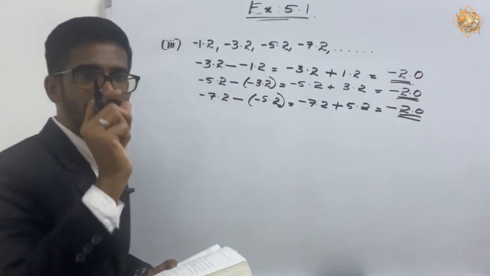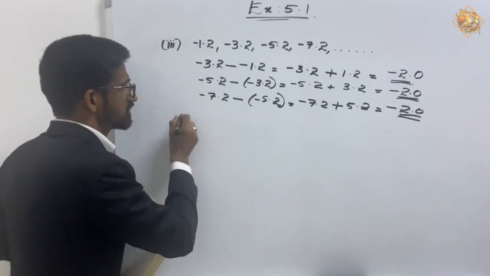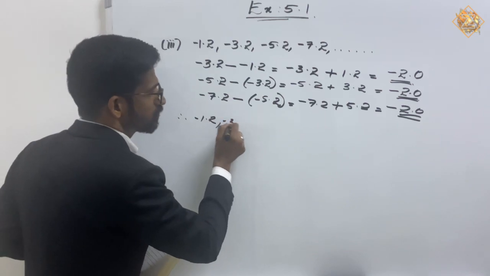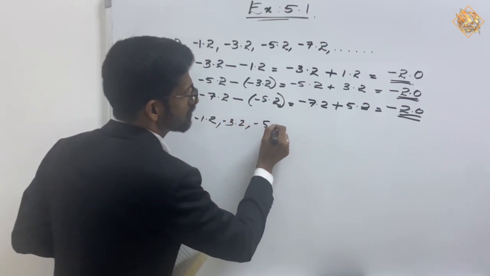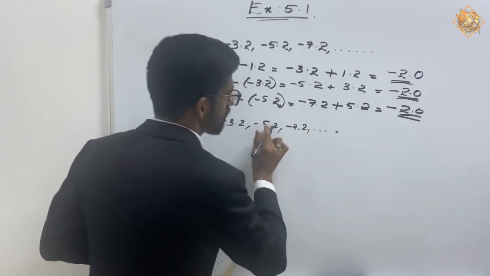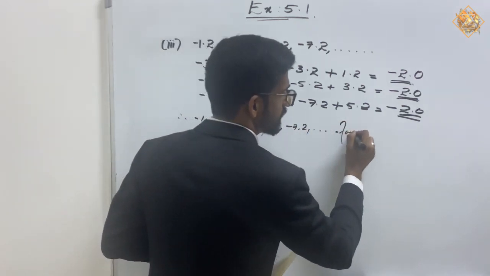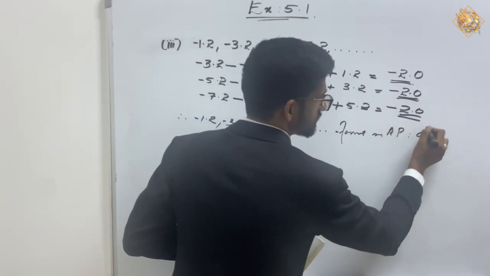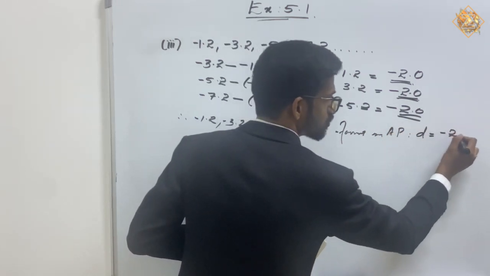We are getting the common difference between each successive term. Therefore, this list of numbers, minus 1.2, minus 3.2, minus 5.2, minus 7.2, etc. forms an AP with common difference d equal to minus 2.